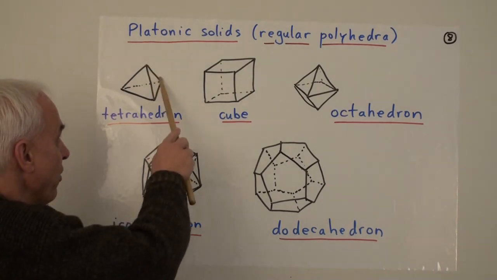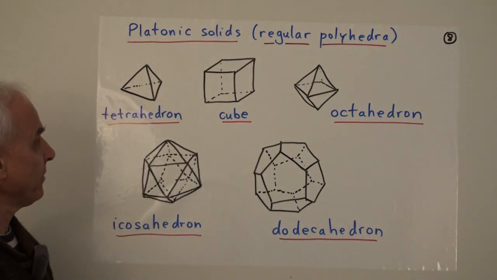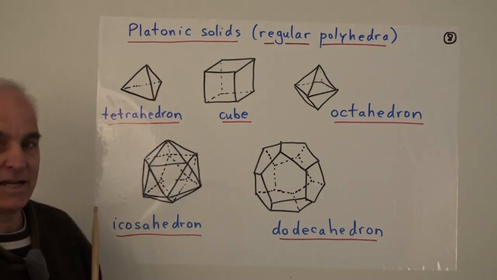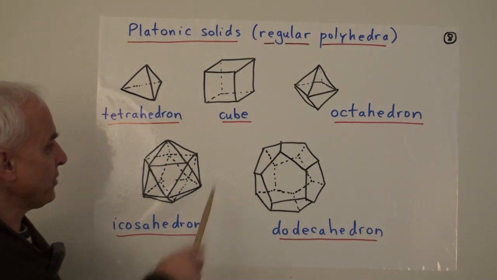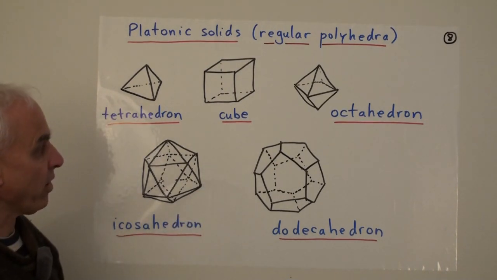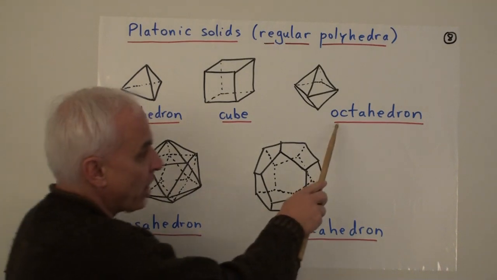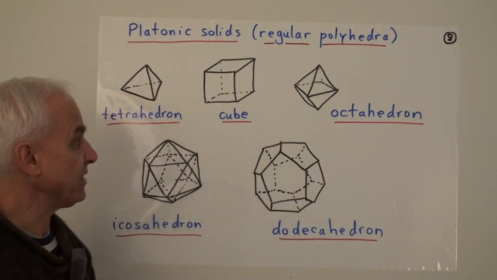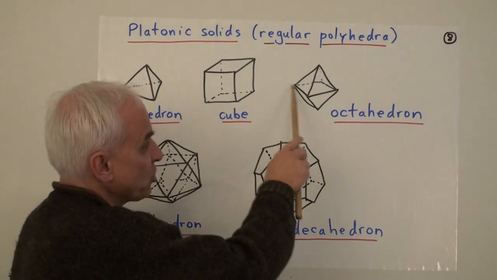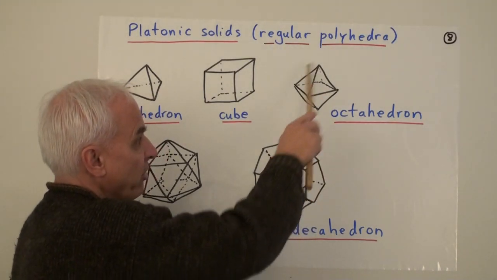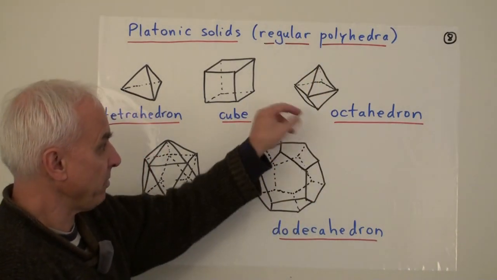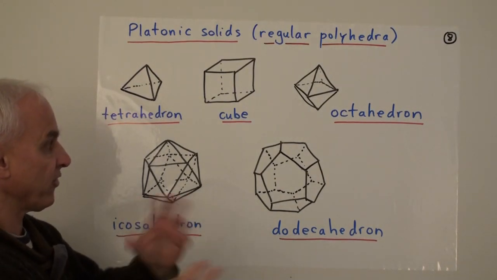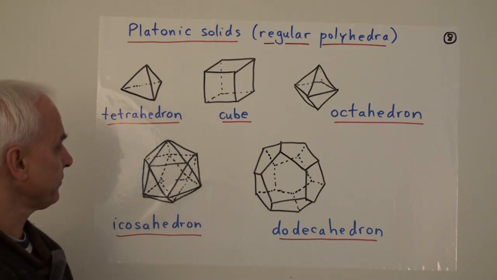It has 4 vertices, and in fact 6 edges. There's the cube that we've already seen before, and there's an octahedron, which has 8 triangular faces. It's kind of a square equator, and then a pyramid on top of that square and a pyramid below the square, and the whole thing is completely symmetrical.